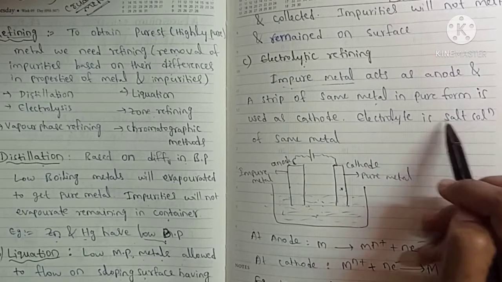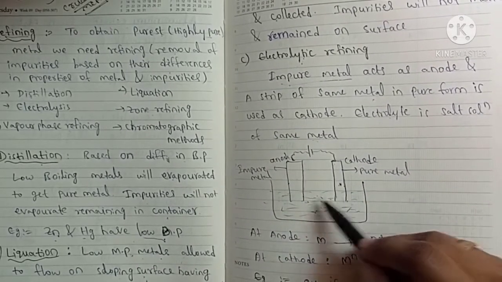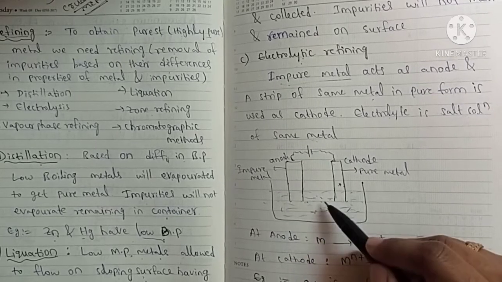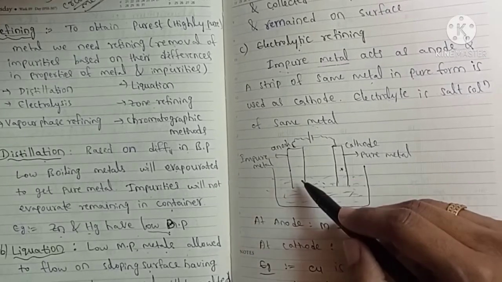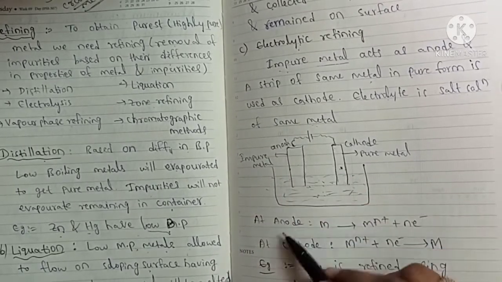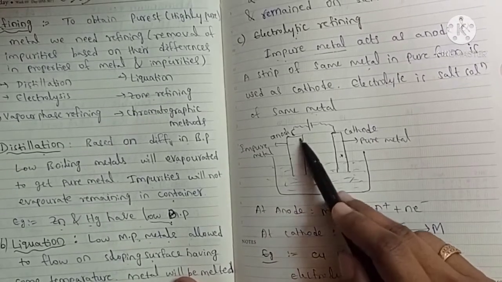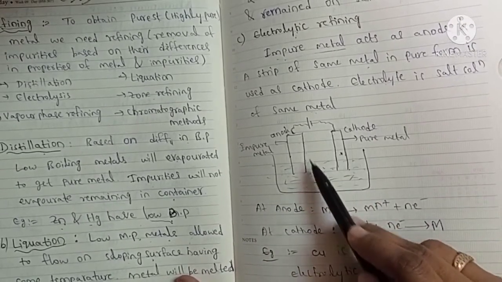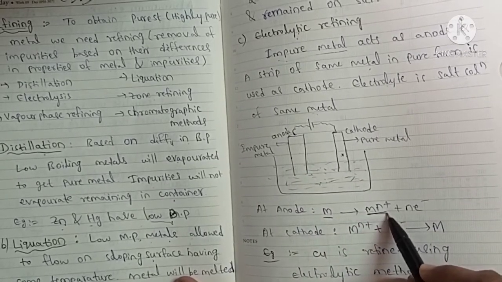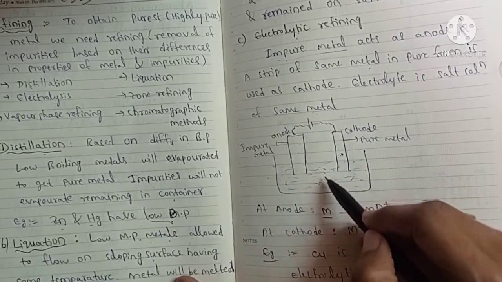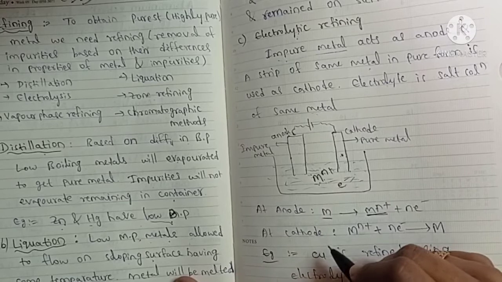And the electrolyte is a salt solution of the same metal. Then we will conduct electricity, and the reactions happen at the anode. The metal will dissolve, meaning it is converted into metal cations, so the solution contains Mn+ along with electrons.